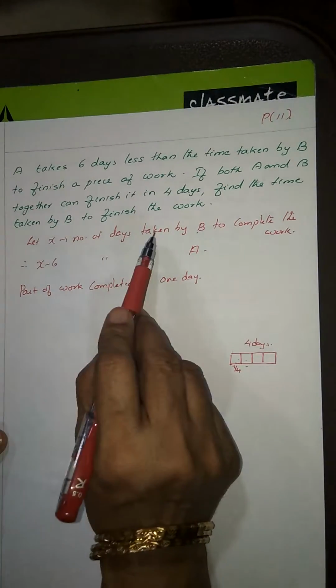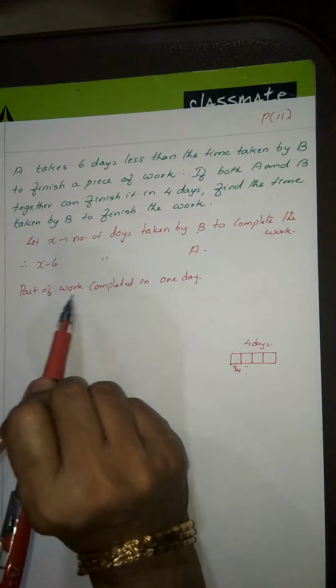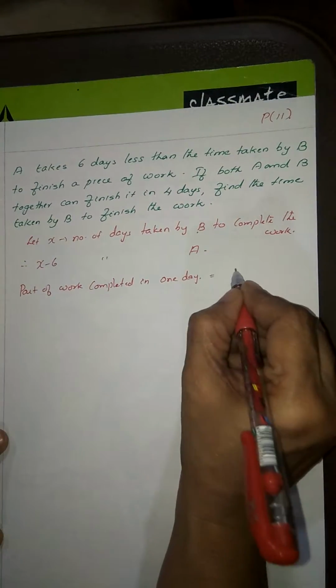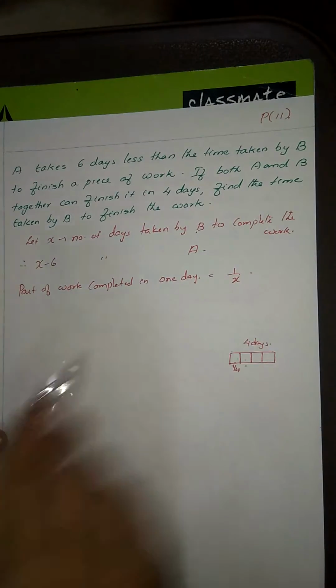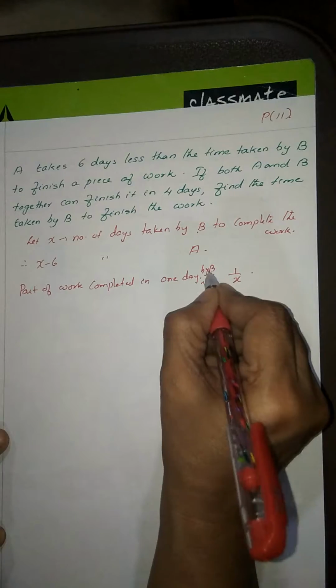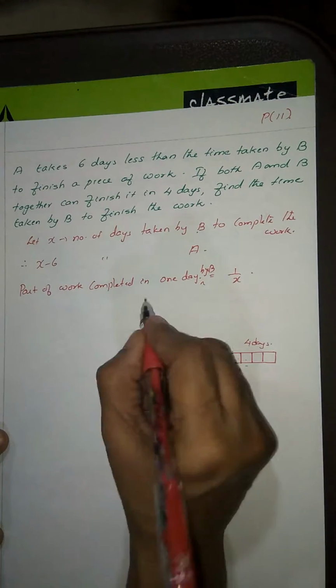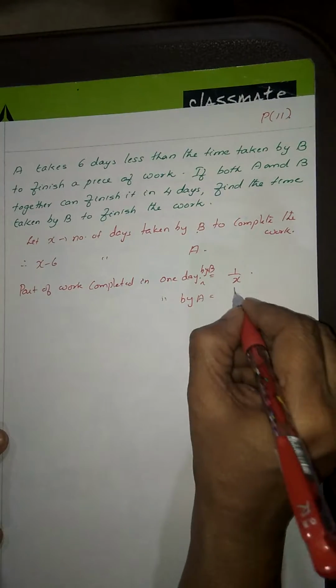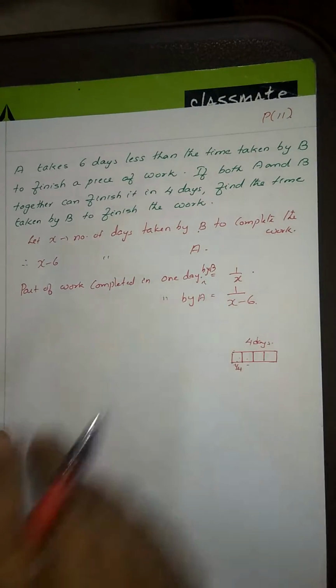Let x be the number of days taken by B. So the part of work completed in 1 day by B will be 1 by x. Similarly, part of work completed in 1 day by A will be 1 by x minus 6.